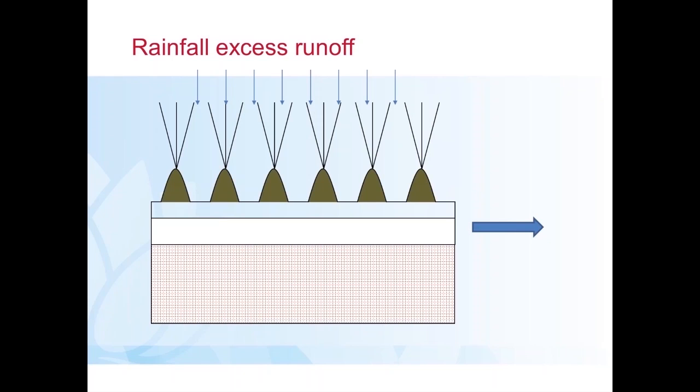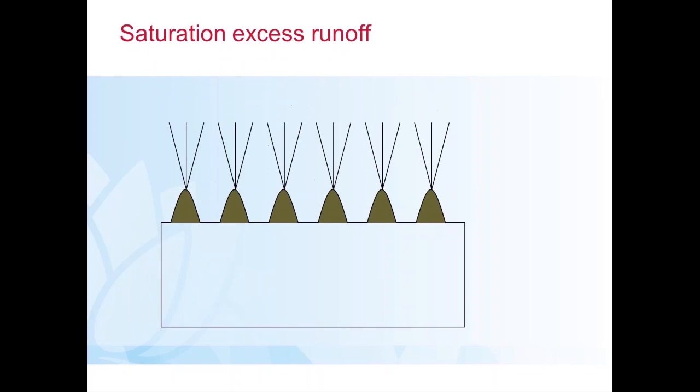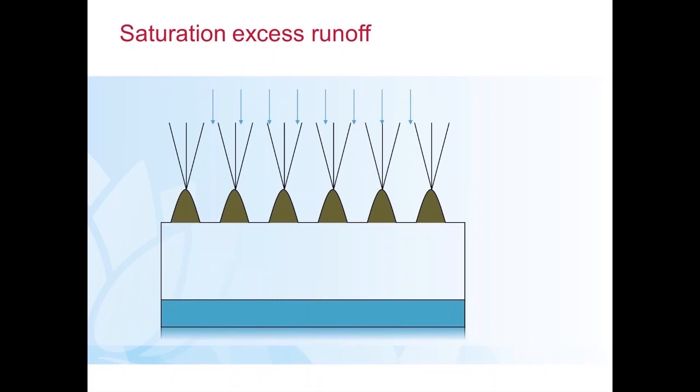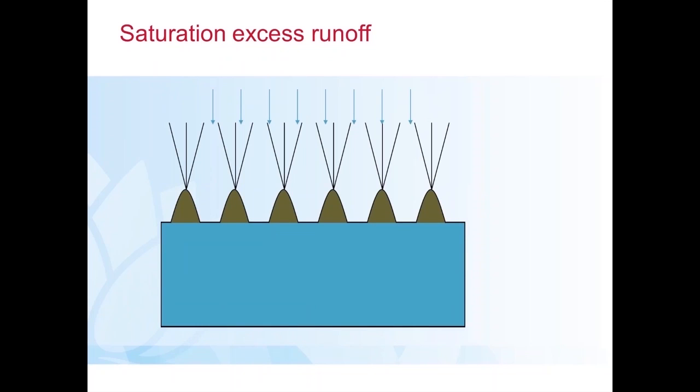The other sort is saturation excess runoff. Again your rainfall comes down, but what happens is the whole of your soil profile gets saturated, and so physically no more water can enter the soil, and you get runoff occurring then. This typically occurs during winter months when you've had lots of little bits of rain and you have low plant demand, so there's very little water being extracted by plants.